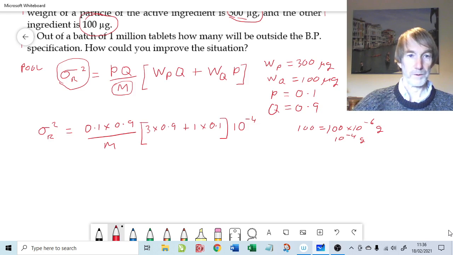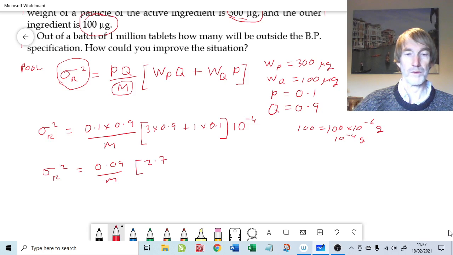We can simplify this equation significantly because sigma R squared is therefore equal to 0.09 over M. Then we've got 2.7, 3 nines are 27, plus 0.1, times 10 to the minus 4.